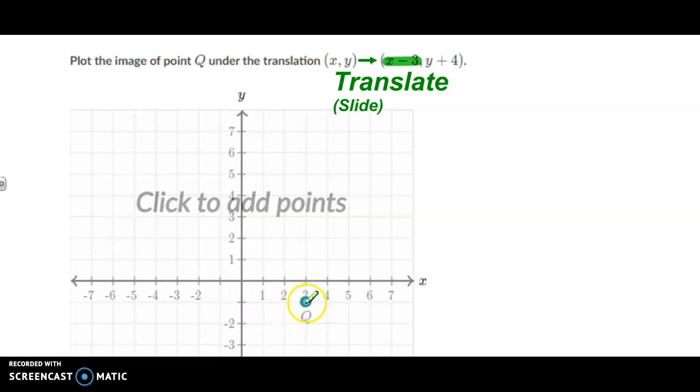So I go from this dot, and I'm going to slide to the left. 1, 2, 3, and it would land up here. And then I'm going to slide the y coordinate +4. Y is up and down, so this one goes up 4, and I slide 1, 2, 3, 4. And that would be the new location of that dot, is going to be up here.